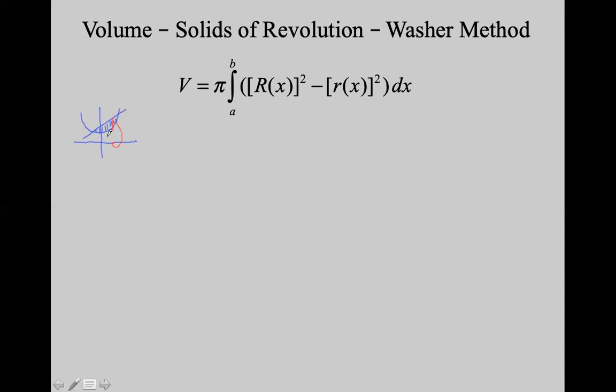So in this instance, my big R is the distance all the way up to what looked like a linear function. My little r is the distance to the curve, which sort of looked like a parabola. So the difference between these two is the height of it, but then I have to remember to rotate all the way around my axis. So when this rotates, I get what we call a disk shape.